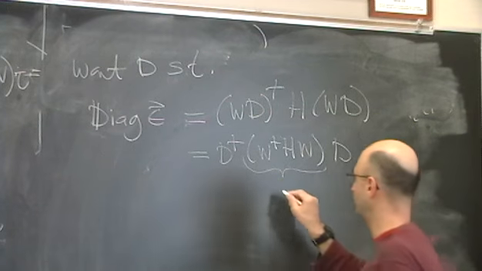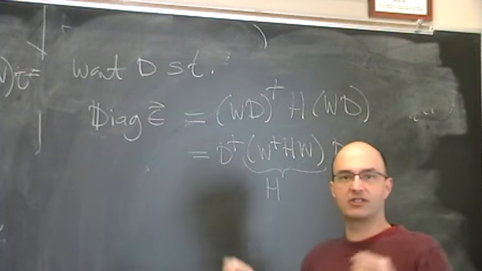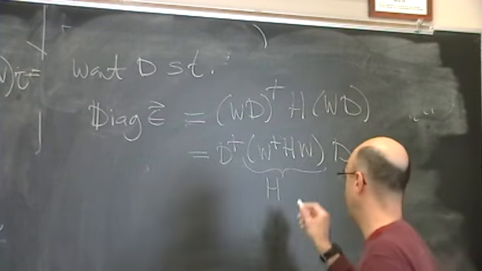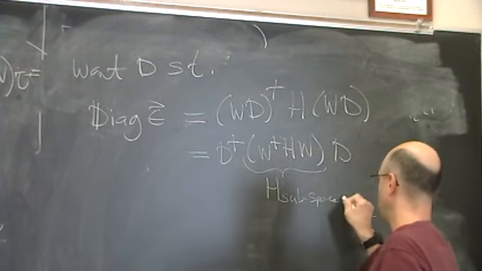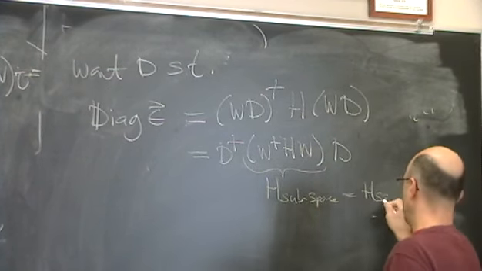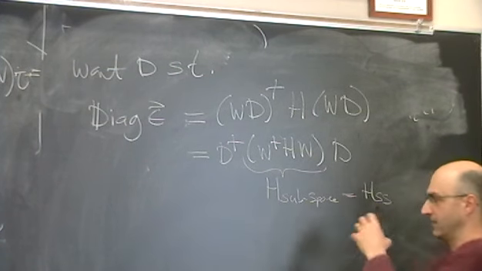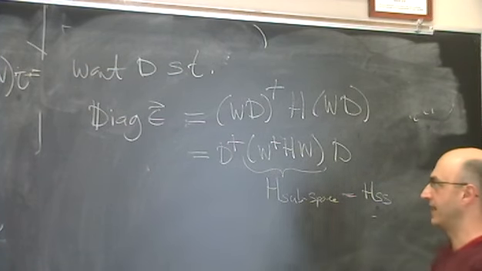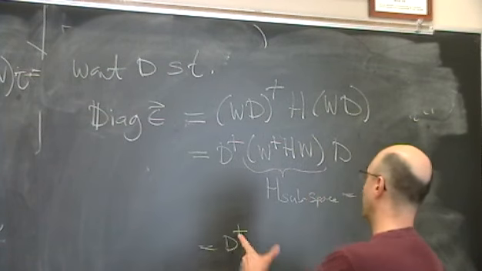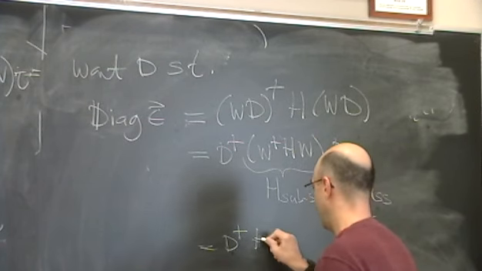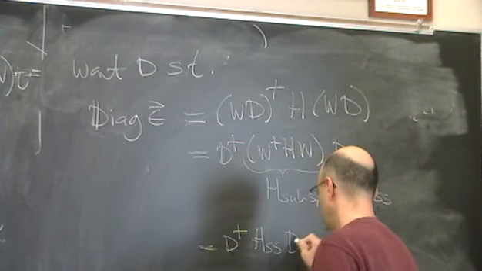So we like to call this the subspace Hamiltonian. It's just the subspace projected Hamiltonian, or just HSS, which is some matrix of size the number of bands by the number of bands that you have. So I just need to find the unitary D that will diagonalize that matrix.